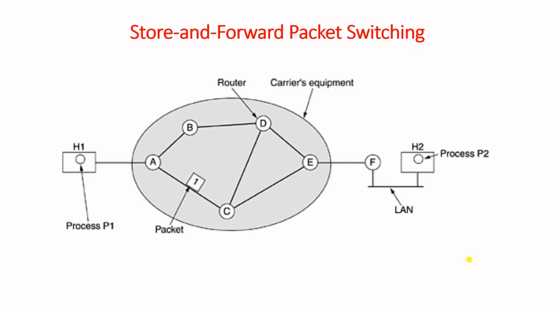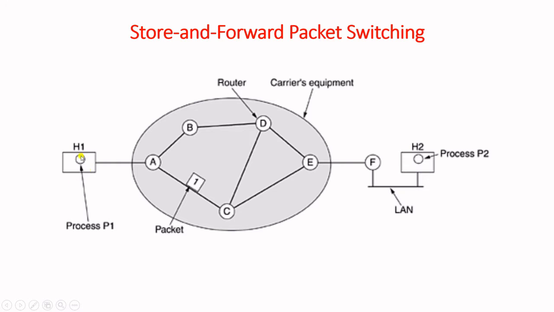In this diagram, the oval shape represents the subnet. Subnet means the part of the network, and in this subnet there are how many devices? A, B, C, D, E, 5 devices, and these devices act as routers.